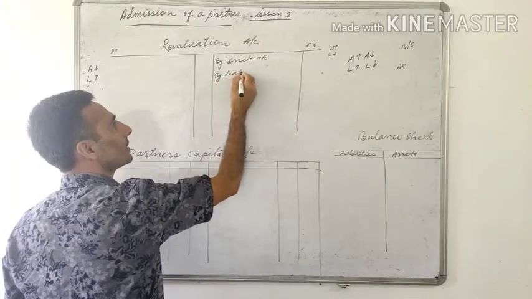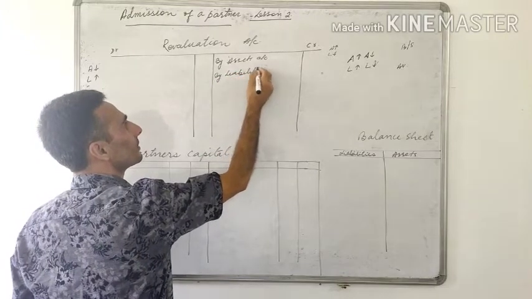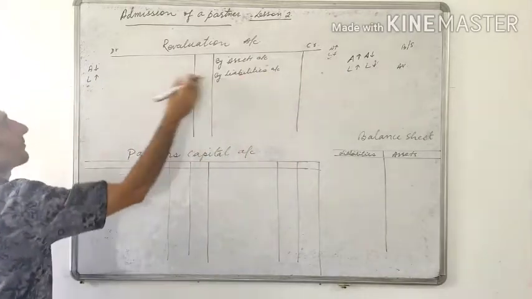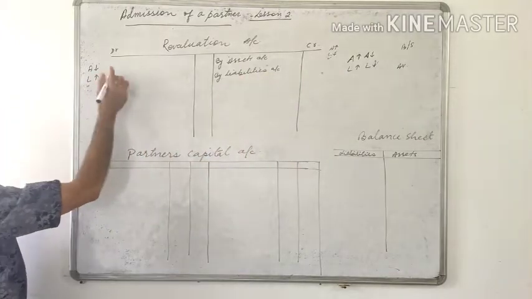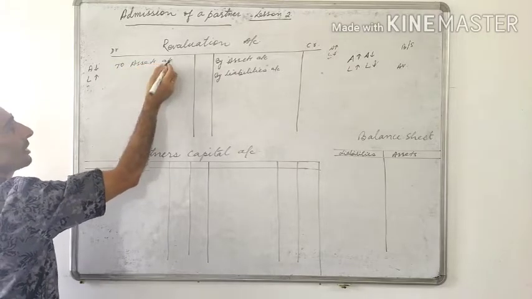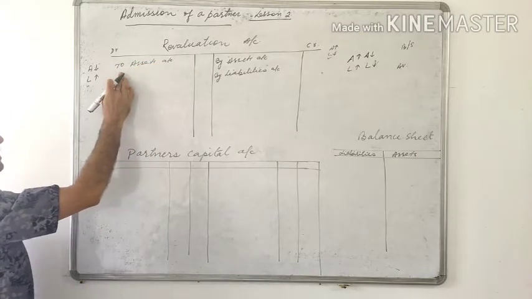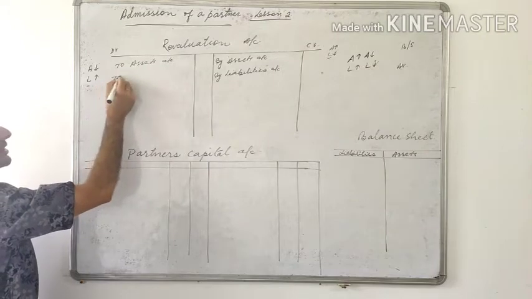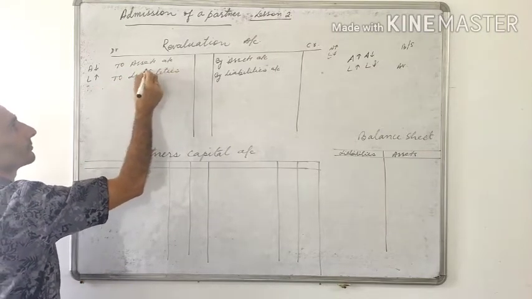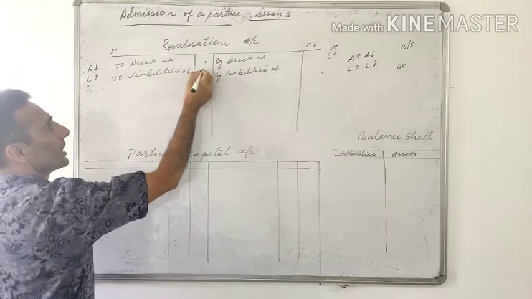By liabilities account, that means decrease in liability. On the debit side, decrease in asset. So to asset account, the value of the asset which is decreased will come on the debit side, and increase in liability, so to liabilities account. So we have the values here.